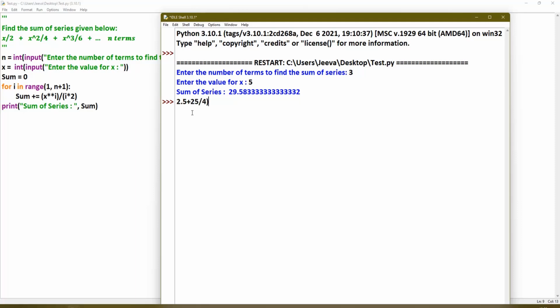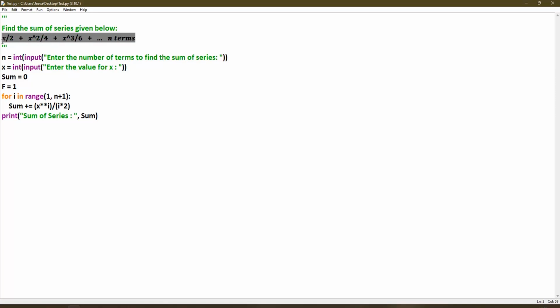I put that in the bracket, plus x cube, that is 5 cube is 125 divided by 6. Yeah, this is right.